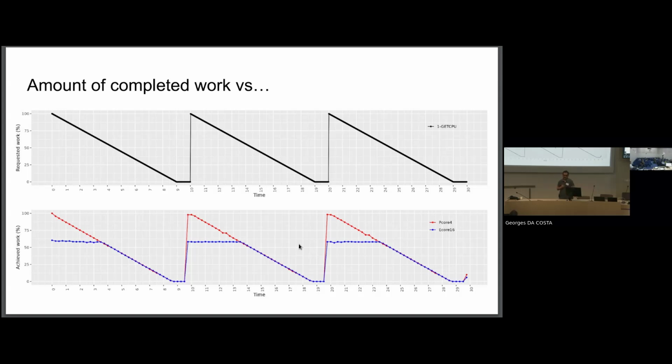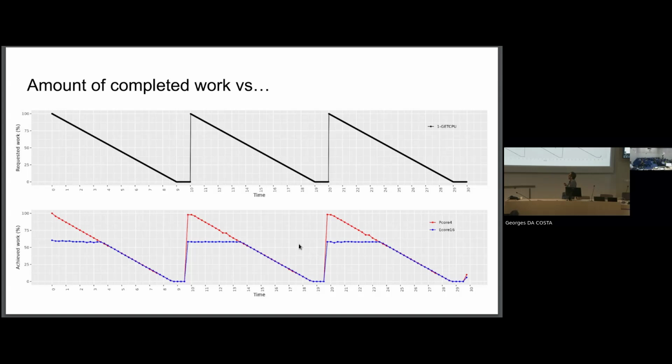two types of CPU. This is an Alder Lake S system, where the red line is the P core, which is the big core in the system, and the blue line is the E core. So the red line is the biggest CPU, and therefore it should be able to achieve the 100% of the work that we requested.